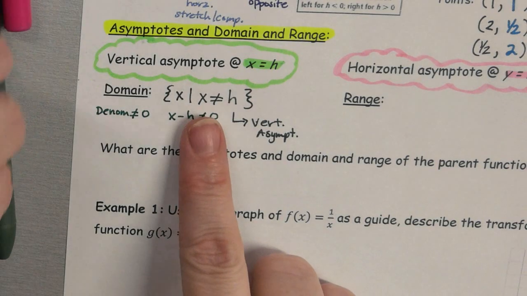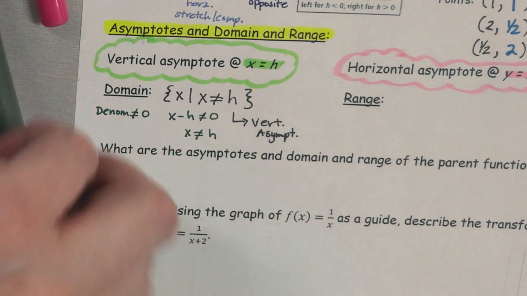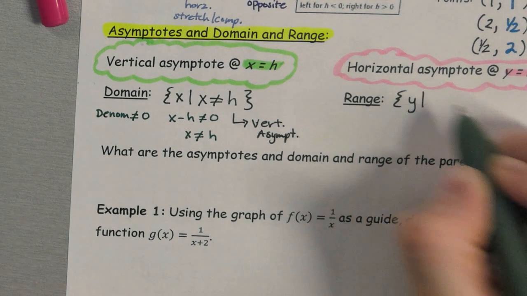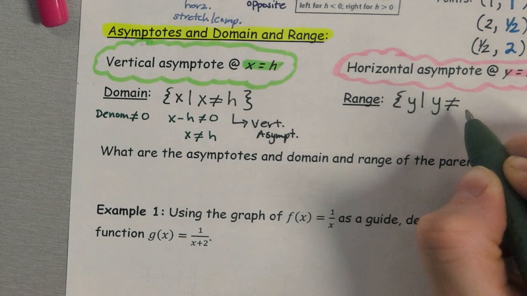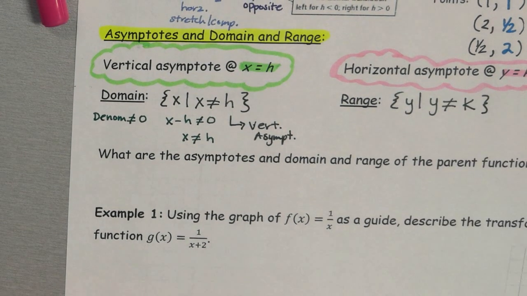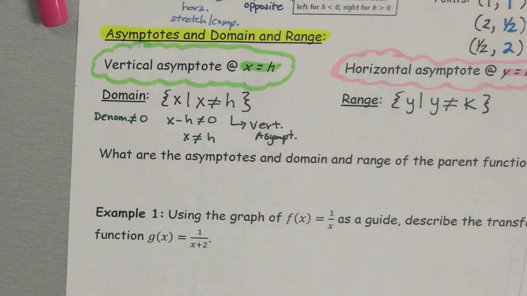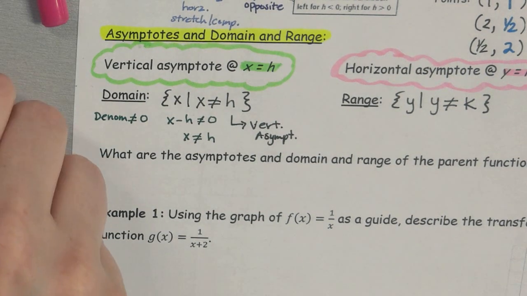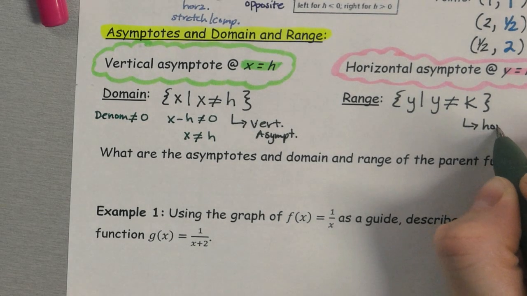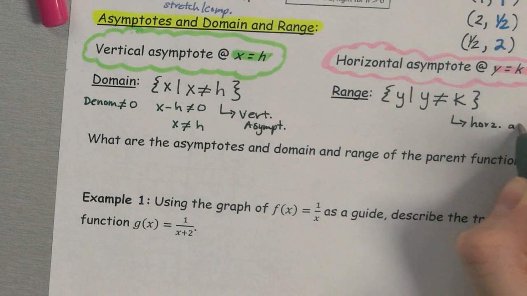And very similar to this one, when you're doing the range, it's going to be all values of y such that y cannot be equal to the value of k. And yep, you can just use the horizontal asymptote for that.